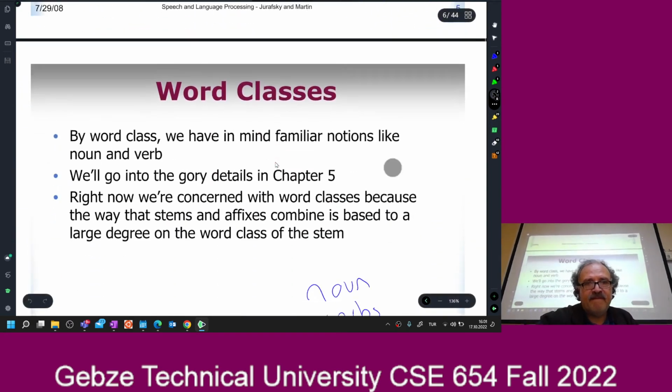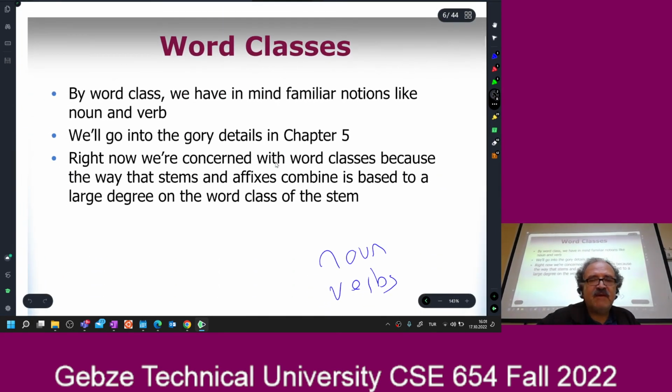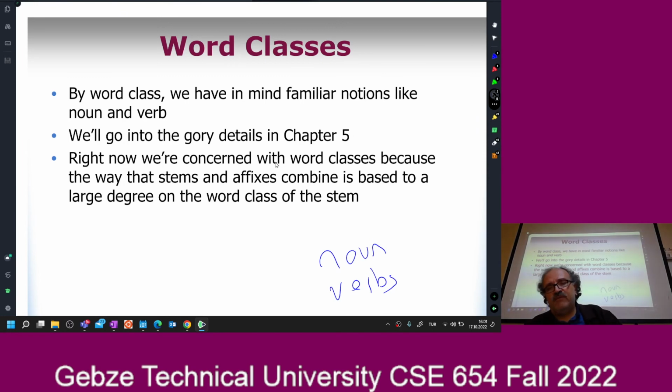Okay. Word classes. For now, we are not going to talk much about word classes. There are many word classes. Sometimes for English there are more than 90 classes of words in some of the classification systems. But for now, we will be dealing with word classes like noun and verb.